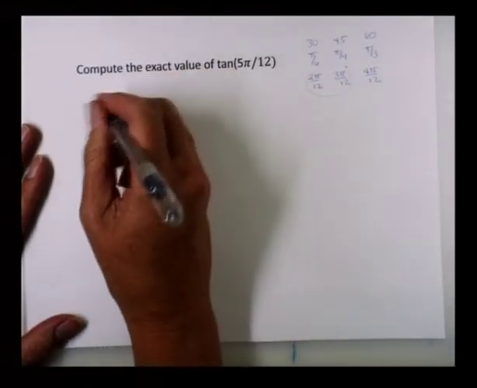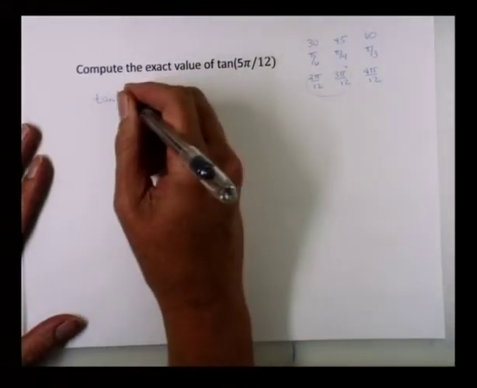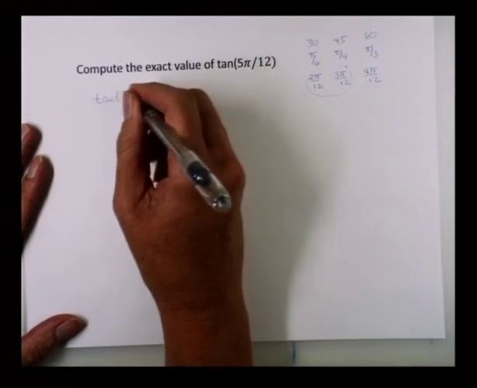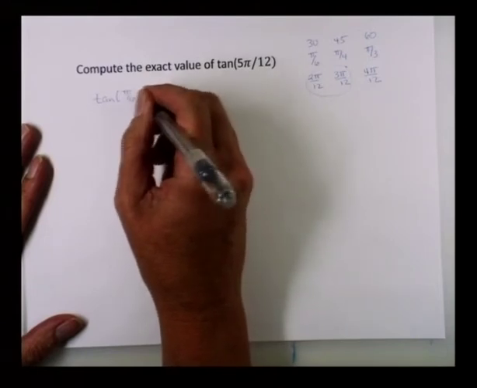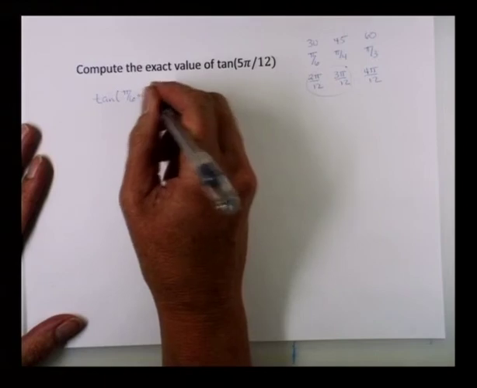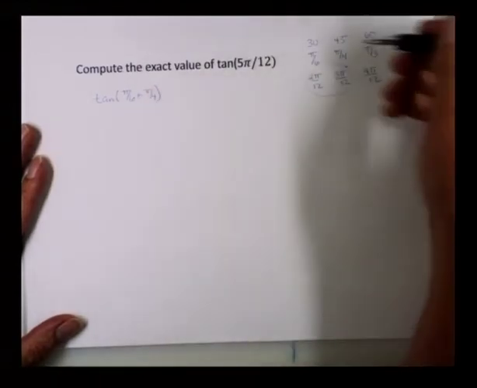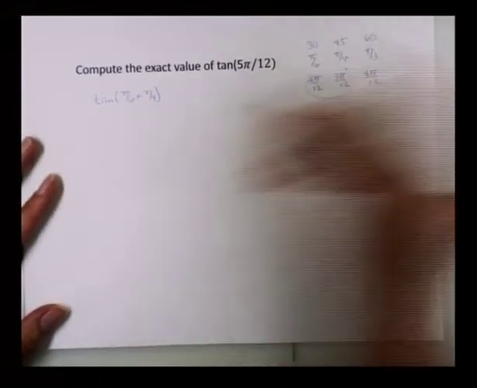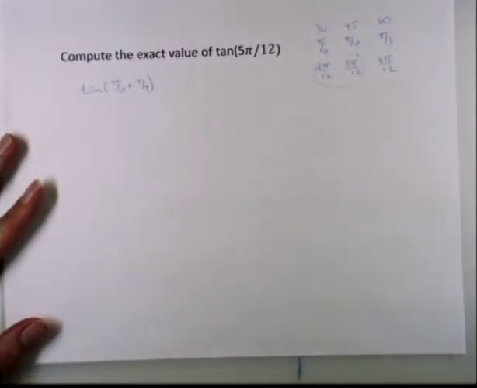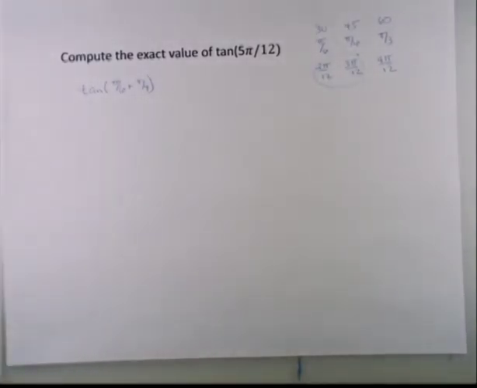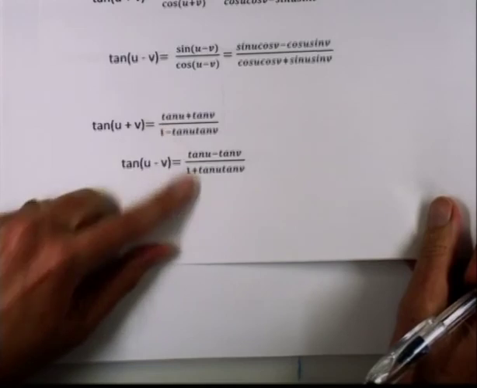So I'm going to look at the tangent of pi over 6 plus pi over 4. Notice I put those back into their simpler form. And then I'm going to expand this out, and I'm going to use these formulas down here.